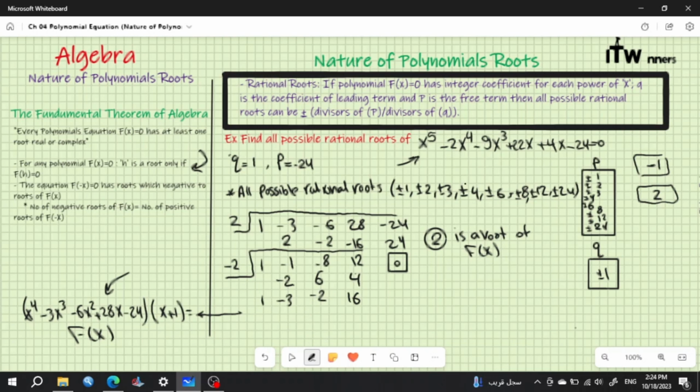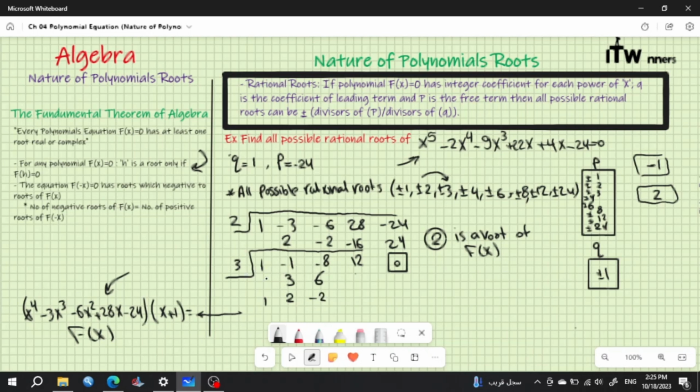Okay, let's move to the next number, plus or minus 3. We have here 3. So here 1 into 3 equal to 3. Here we have 2. 2 into 3 equal to 6. We have here negative 2.